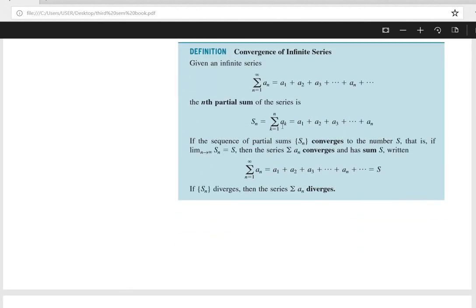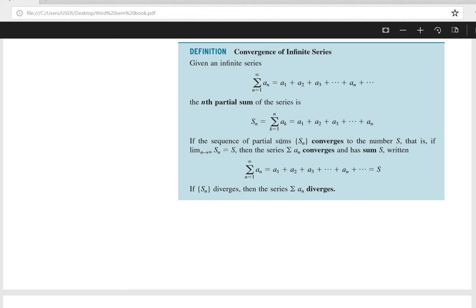So Sn equals the sum from k equal to 1 to n of ak, that is a1 plus a2 plus a3 plus etc. plus an. This is the nth partial sum.